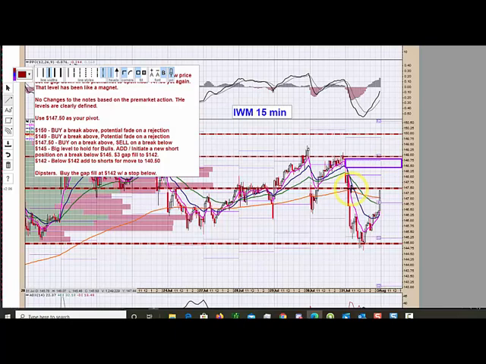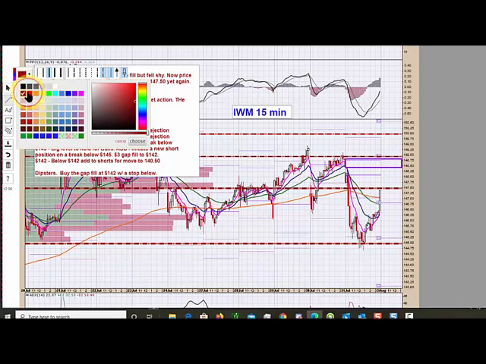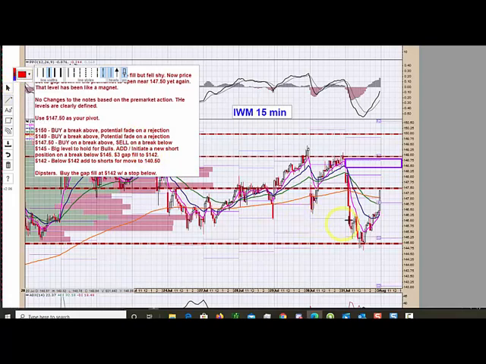Short, short, short. The trade is working. It puts in a swing high. I'm going to put a stop there. Price puts in a swing high, and you move your stop down.